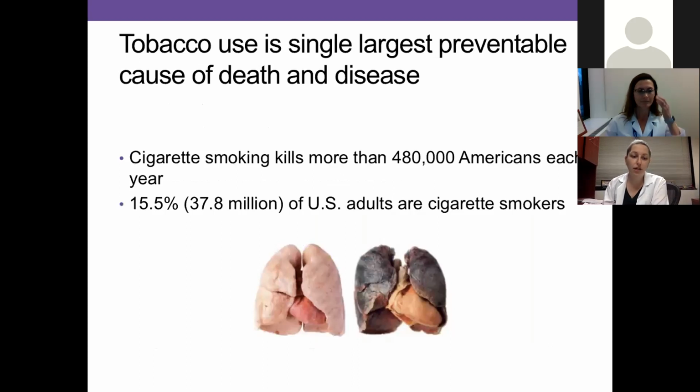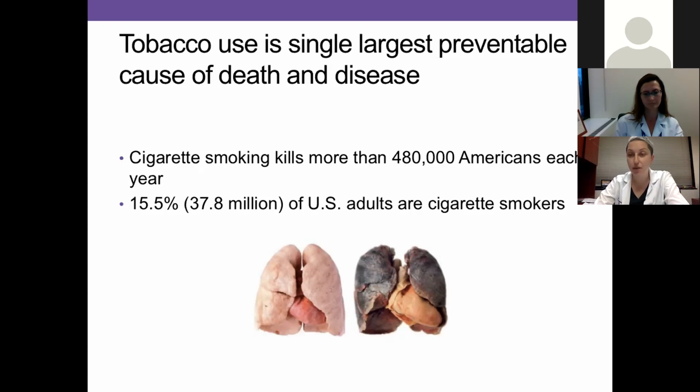Next, we'll move on to tobacco. So tobacco use remains the single largest cause of preventable death and disease in the United States to date. Cigarette smoking kills more than 480,000 Americans every year. 10% of those deaths are related to secondhand smoke.